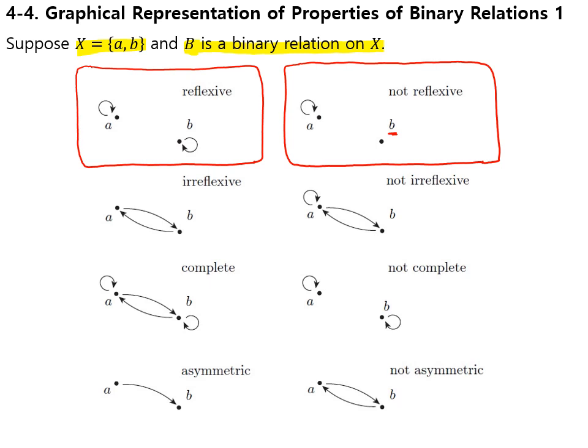Reflexivity basically requires every element to be related to itself. So if there exists at least one element that does not bear the relation to itself, then that is sufficient to show that the relation is not reflexive.